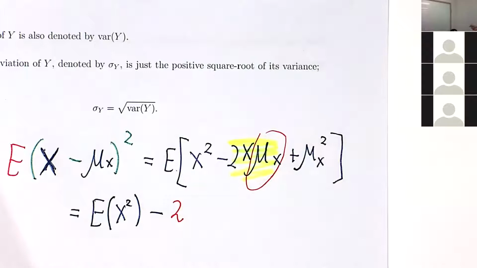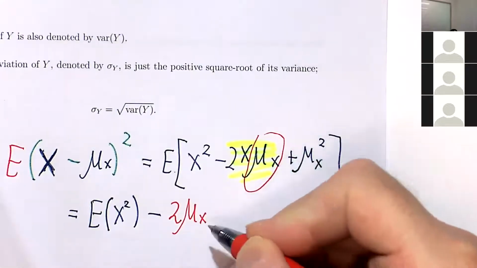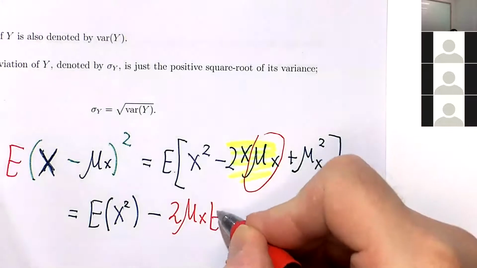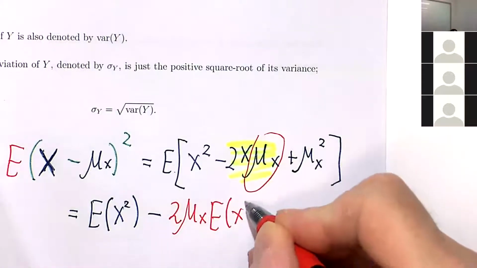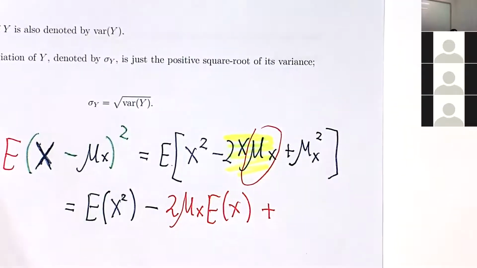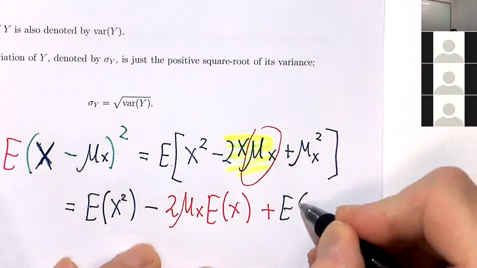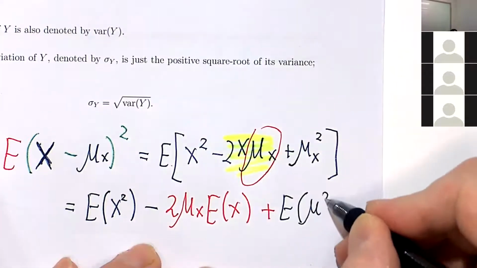And as any other constant, we can plug it in front of the expected value. So 2 mu x times expected value of x plus, now we have expected value of mu squared x.